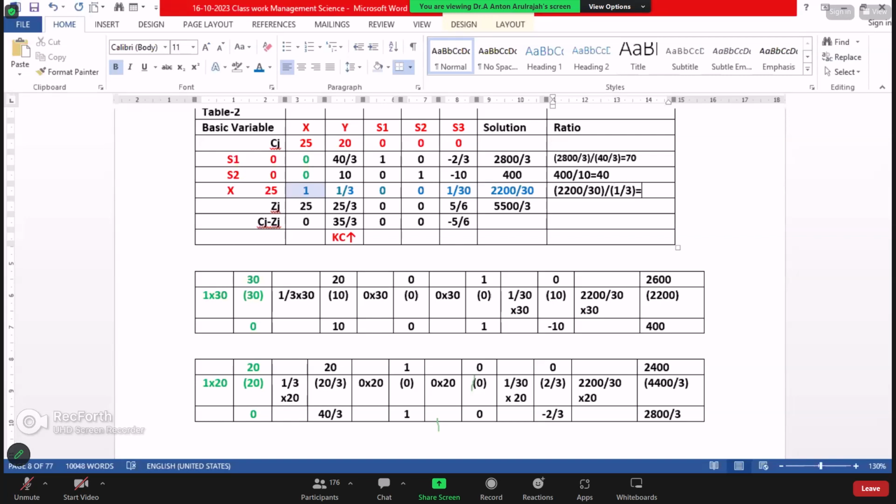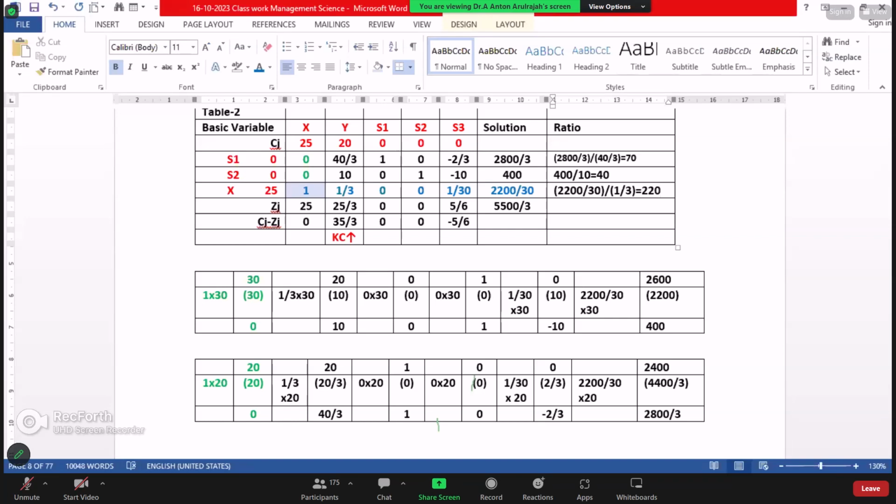Use the calculator. Don't do it manually, you will make mistakes, and with mistakes you cannot complete the sum. For the final exam also, the calculator is permitted. You have to bring the calculator for the exam. Okay, how much? 220. Okay, good.